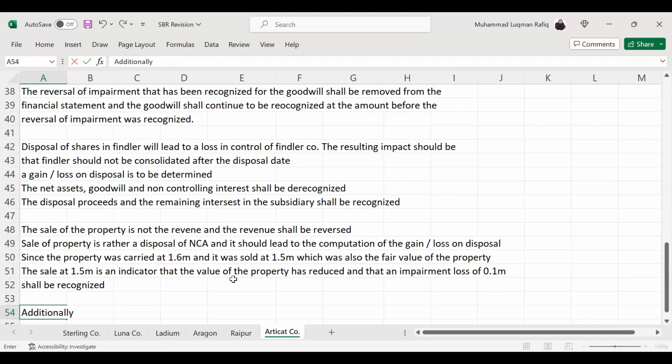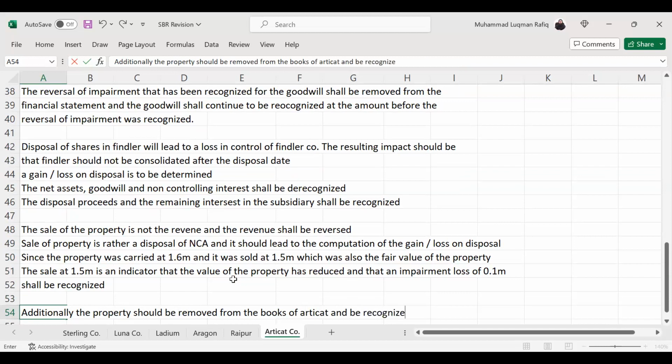Additionally, the property should be removed from the books of RT-CAT and be recognized in the books of Findler.